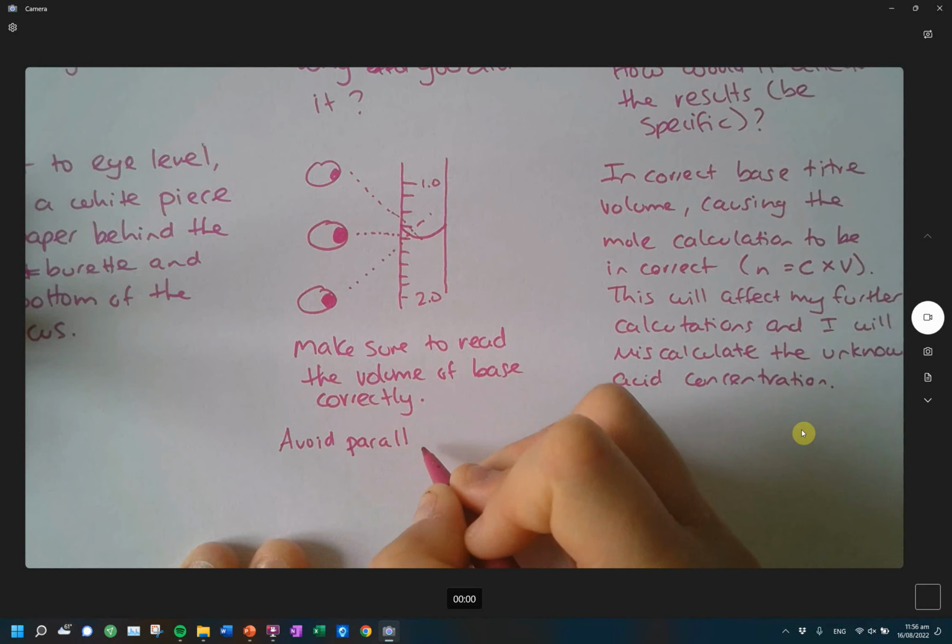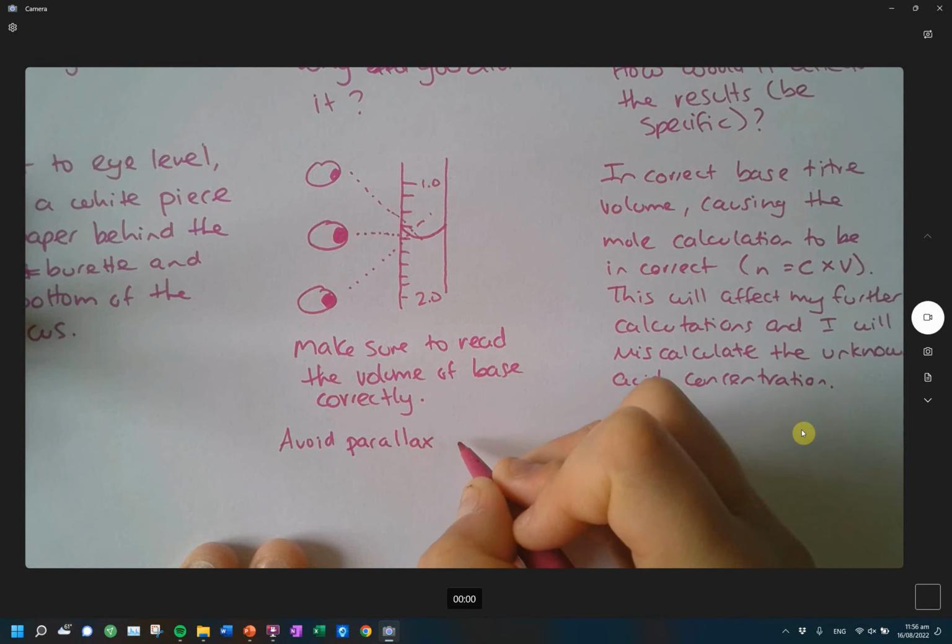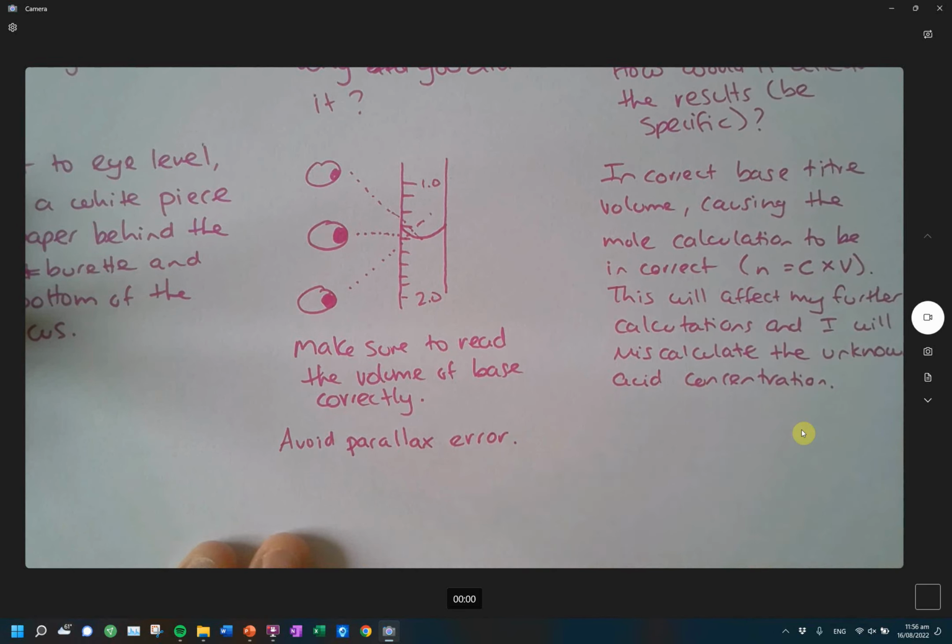You probably heard this come up in physics. It's all about how you read rulers. So you're welcome to use that in another subject. Name drop parallax error. It's a good one to drop. All right, next one? Okay.